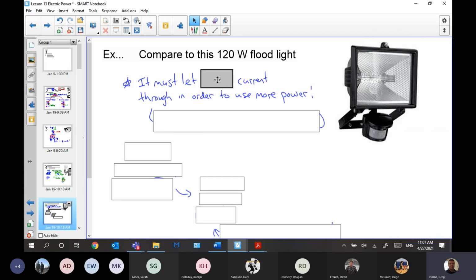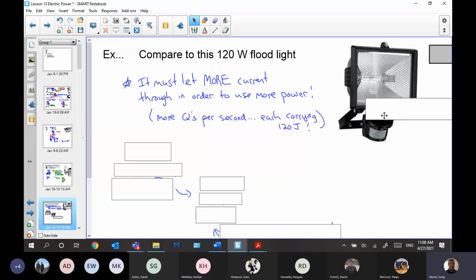It has to let what amount of current through? More or less, of course, for now. We know it has to let more current through, perfect. Right? So if it has to let more current through, then this big, really bright floodlight has to have what for resistance? If it has to let more current through, it actually has to have less resistance, right?